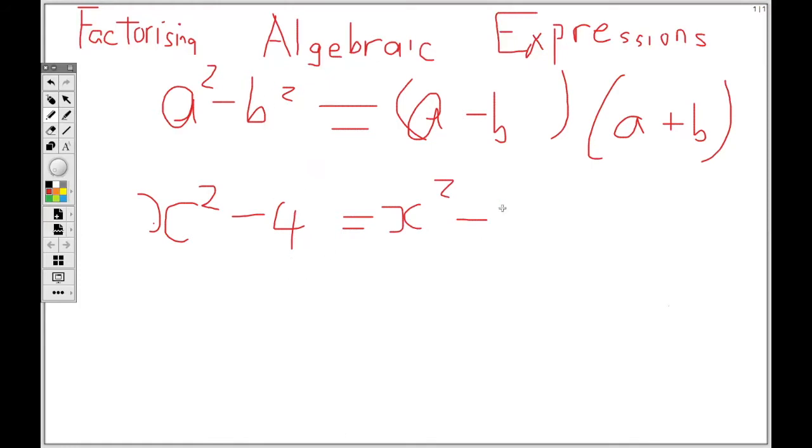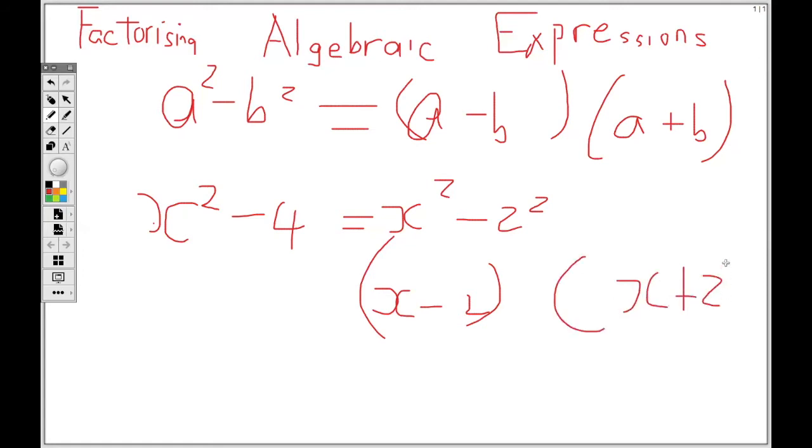A perfect square means that I can square the number 2 and I will arrive at 4. So it means a is x and b is 2. So factorizing this, I'll have x minus 2 and x plus 2.